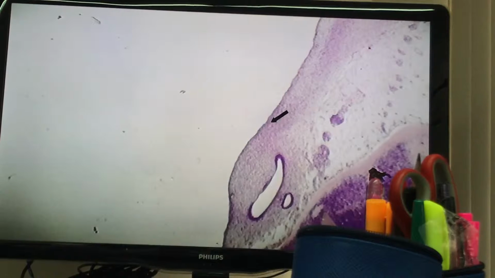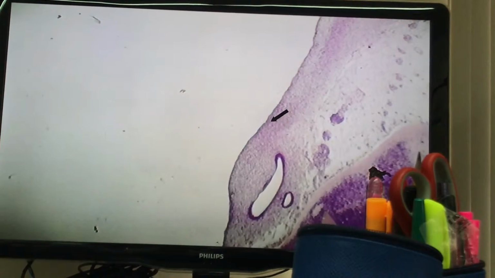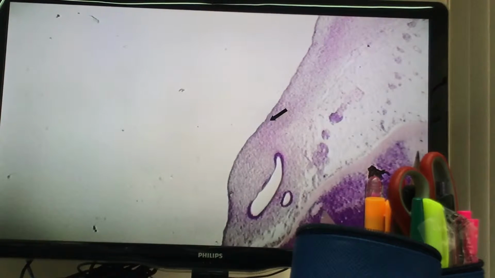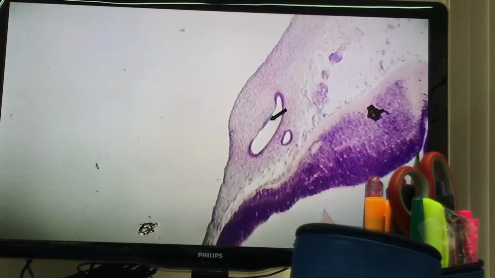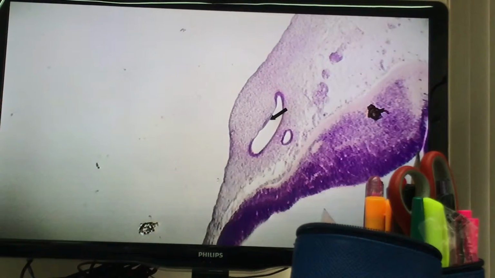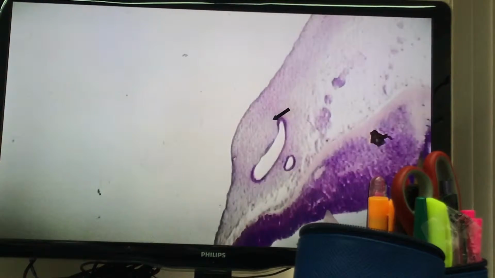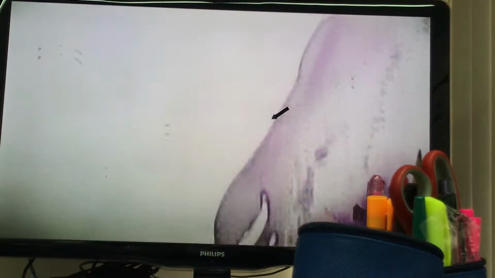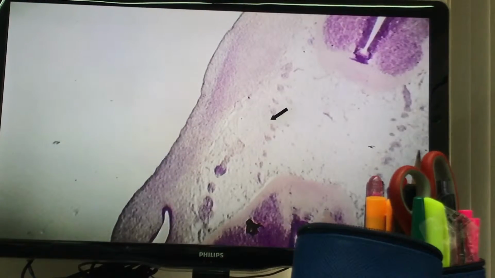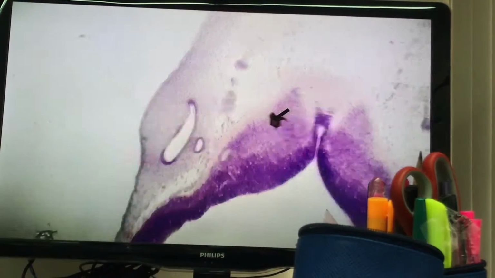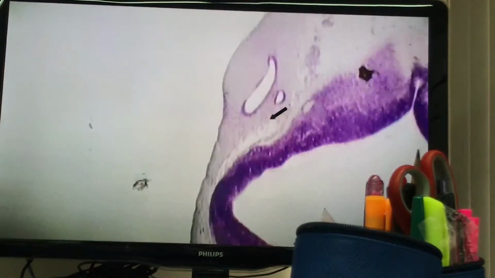The thickening of that would produce your otic placode, which later on will differentiate to become your otocyst or your otic vesicle. So the vesicle has the posterior side, which is pointed towards the spinal cord, and the anterior side.